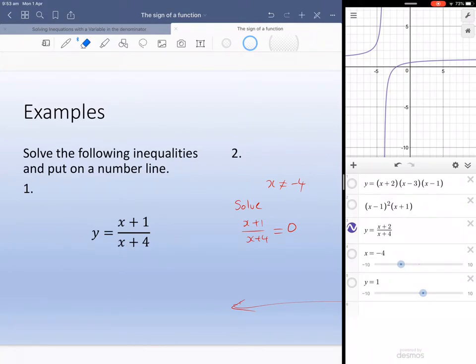But say the question is x plus 1 over x plus 4 is less than or equal to 0, from the graph we can clearly see where it is. When is it less than 0? Well, if I find out what that point is there, and I've just clicked at that, it's going to be less than 0 when x is less than or equal to -2. There's no other place. Okay.